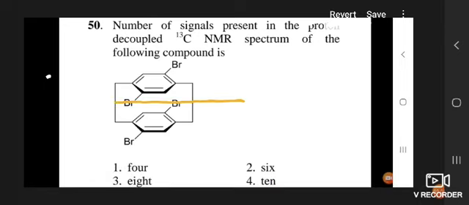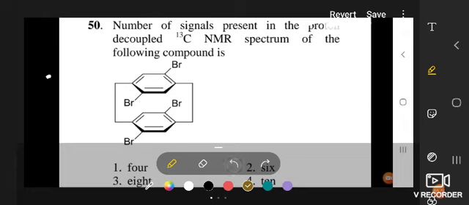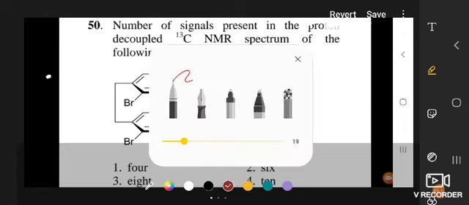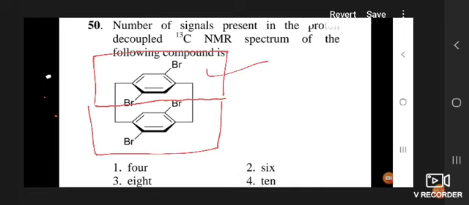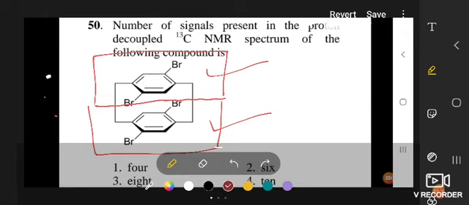In this compound, if we add this plane, then this molecule is bisected into two parts. Out of these two parts we have to consider only one part, either this or this. Suppose we consider the above part only.